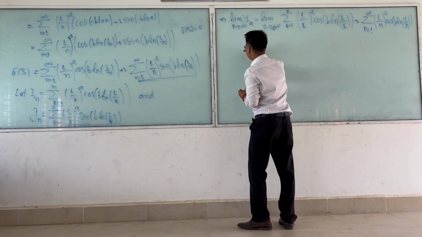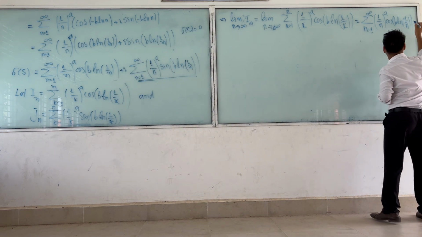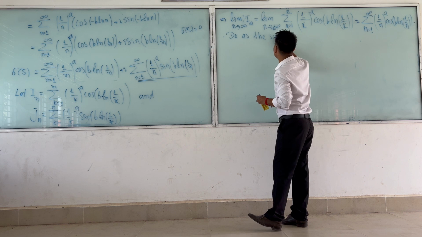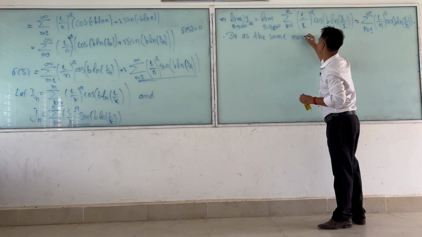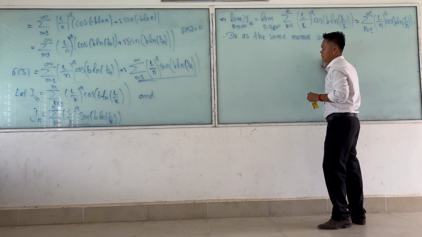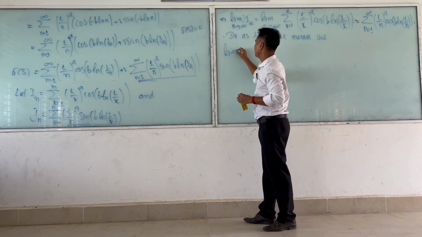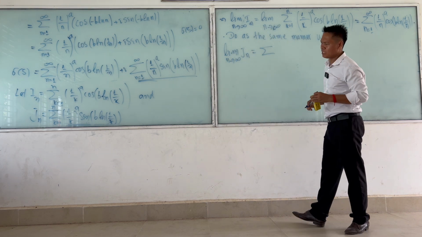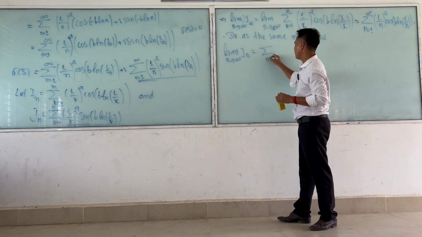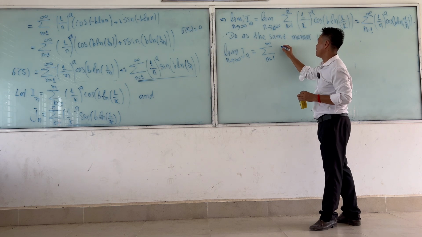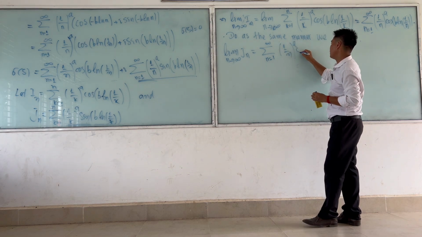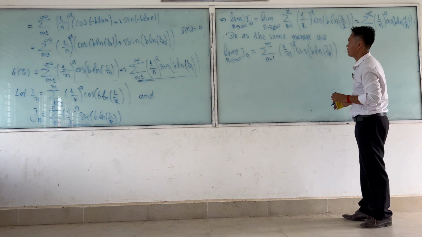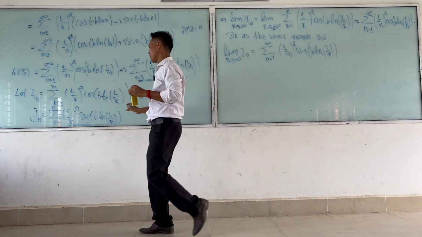In the same manner, you get the limit as n goes to infinity of Jn equal to the imaginary part of zeta, the sum from n equals 1 to plus infinity of 1 over n to the power a times sine of b natural log of 1 over n. This is the imaginary part of the zeta function.